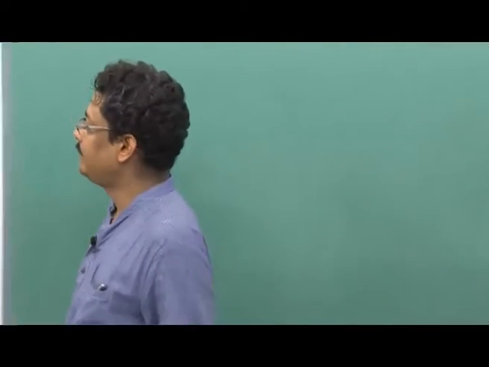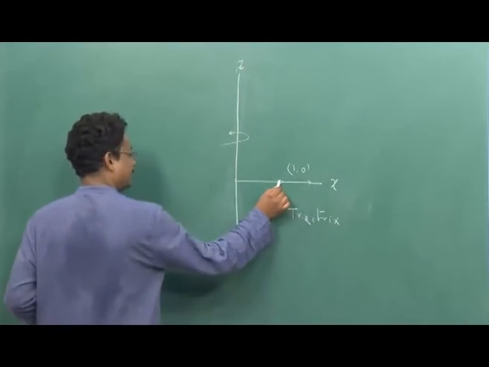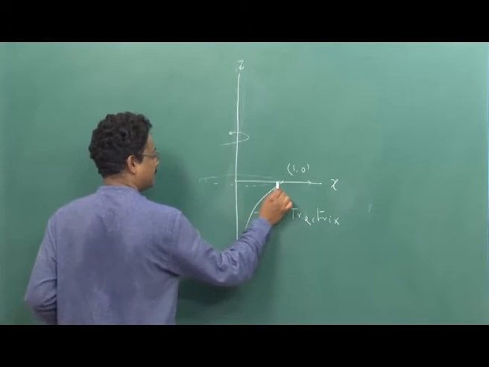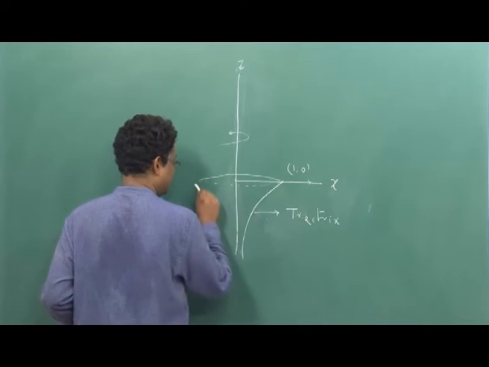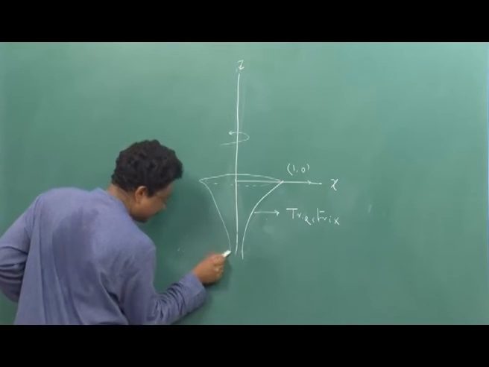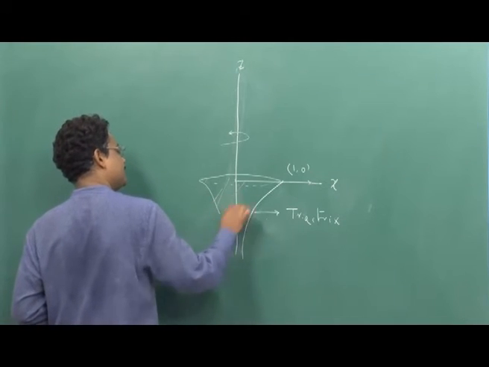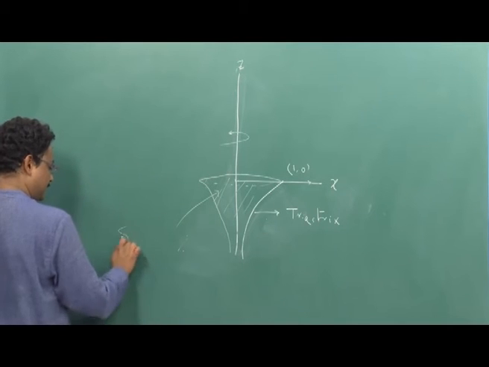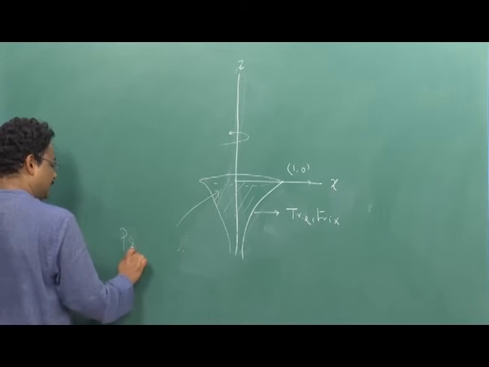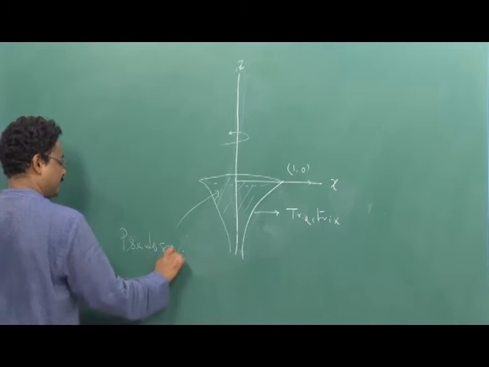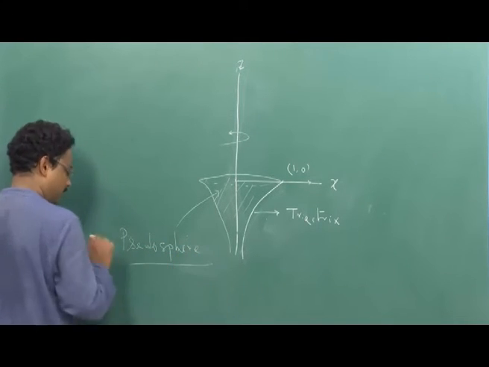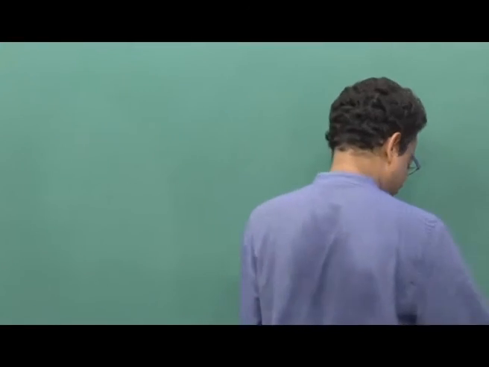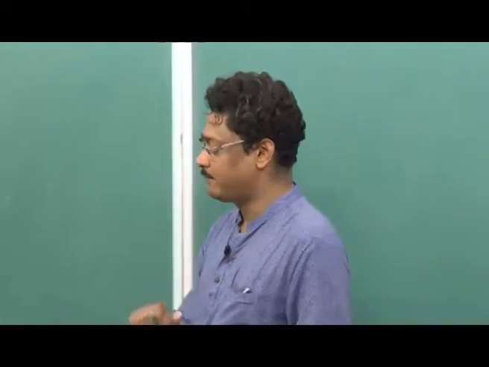While we rotate around the z axis, we get a figure like this, and this surface is known as the pseudosphere. Let us see why it is called pseudosphere, maybe I will explain.